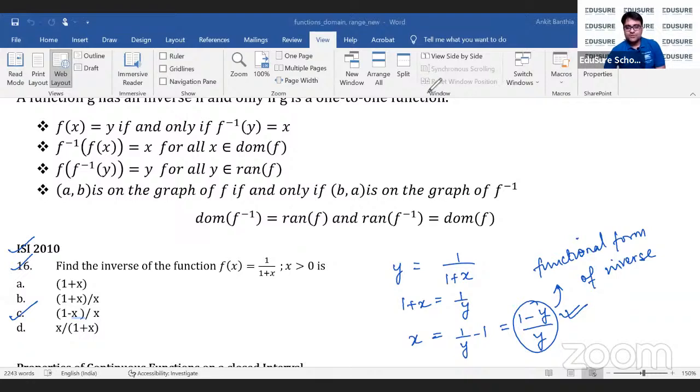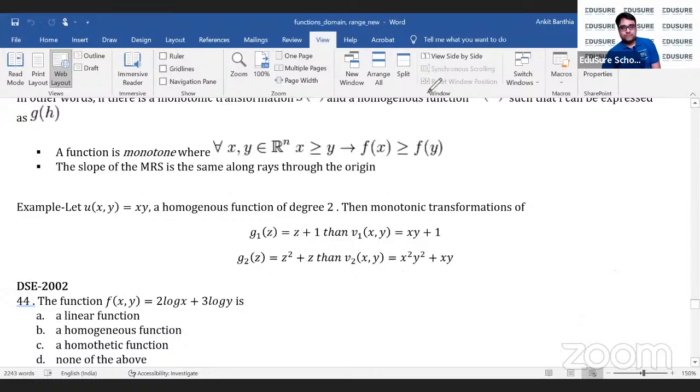अब होमोजीनियस फंक्शन का क्वेश्चन करते हैं. Let me just open that. DSC 2002 question number 44.